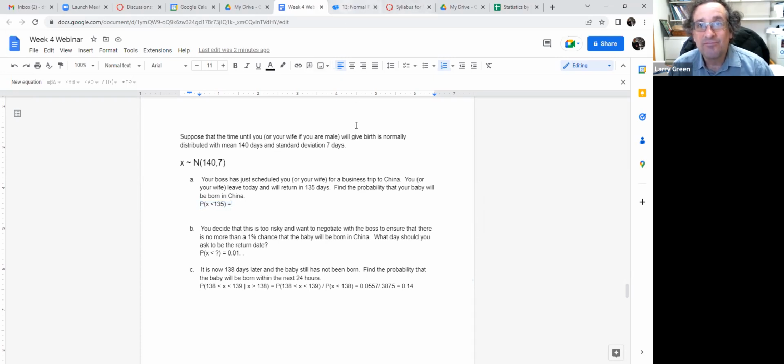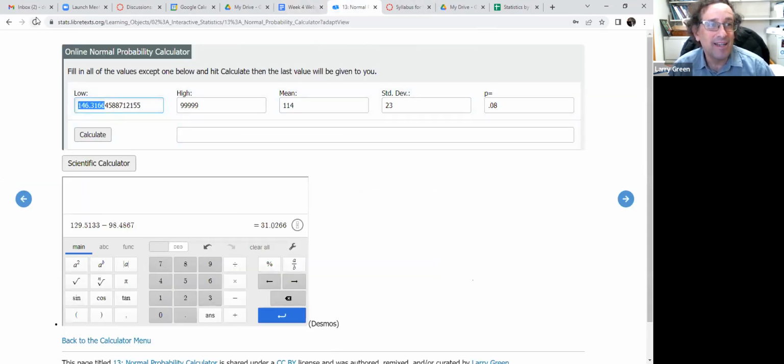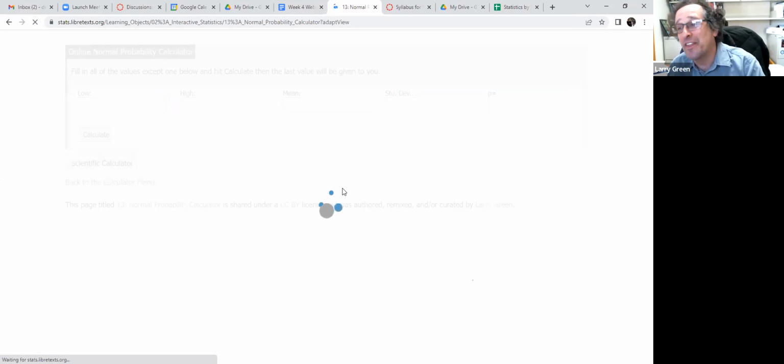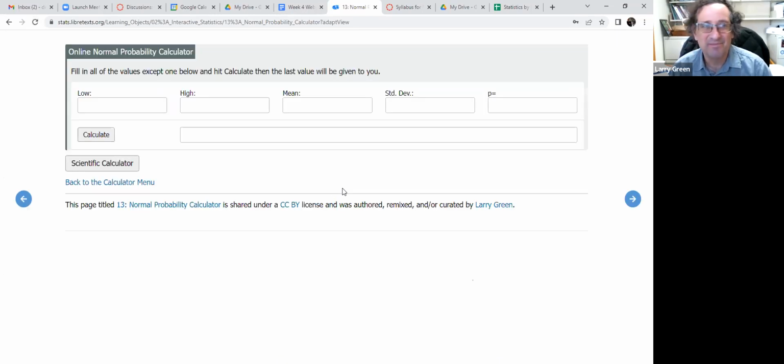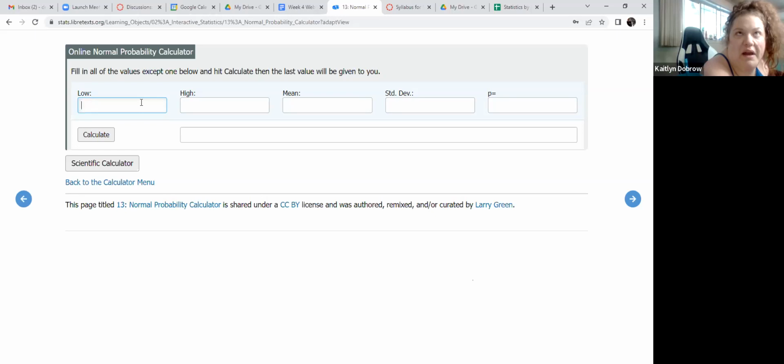So once you know how to do it, it's easy. If you refresh, it clears everything on the calculator, just to let you know. So what's the low? -9,999, maybe.